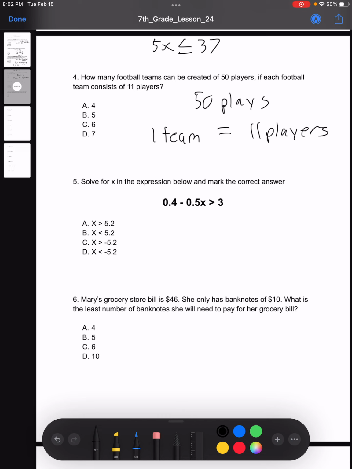So what we can do is divide the players, which is the number 50, by the number of players on each team. In other words, we can divide 50 by 11 to find how many total teams we can create. We can only have 4 full teams before we have 6 players left over, meaning that we can only create a total of 4 teams.